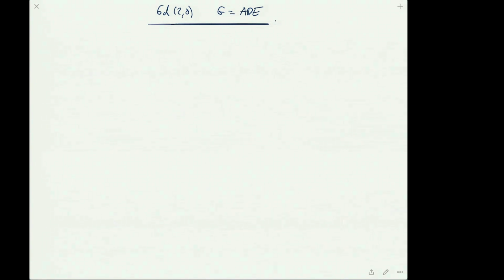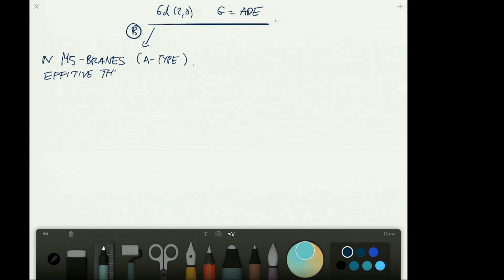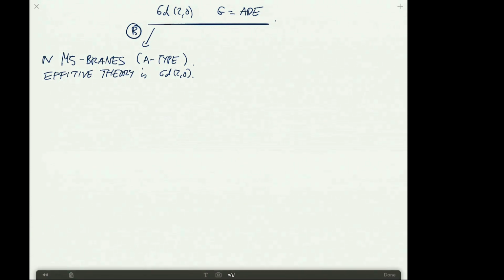Of course, the second approach, B, you get by looking at M5 branes. So you take a stack of N M5 branes, and then the effective theory is putatively this theory. For a single M5 brane, we know exactly what that theory is.